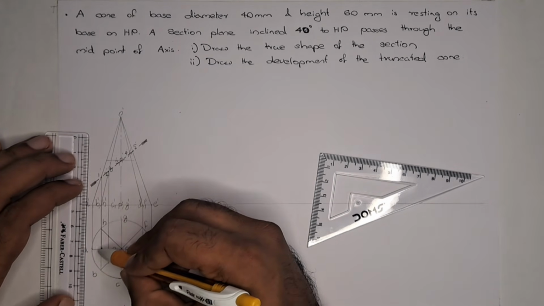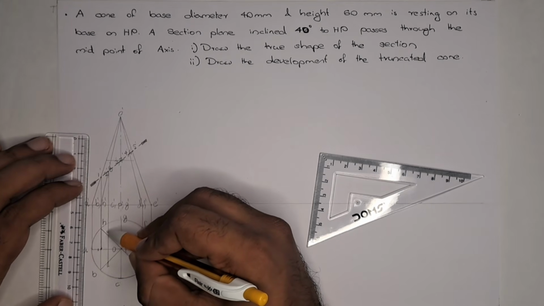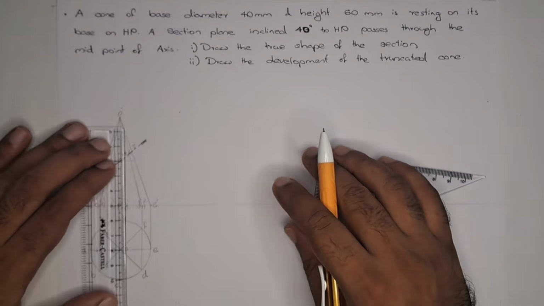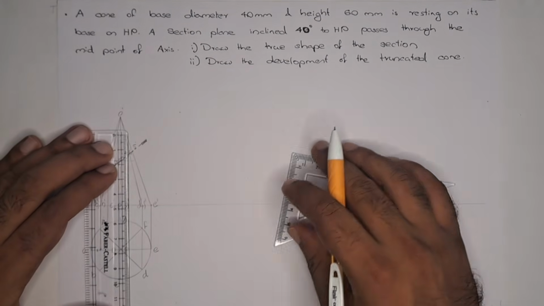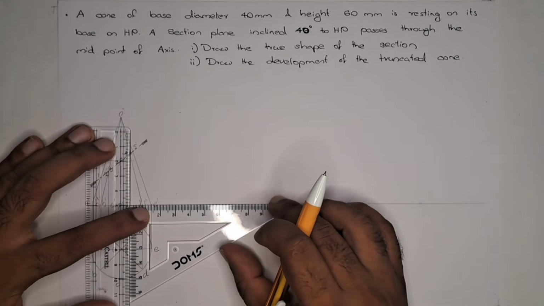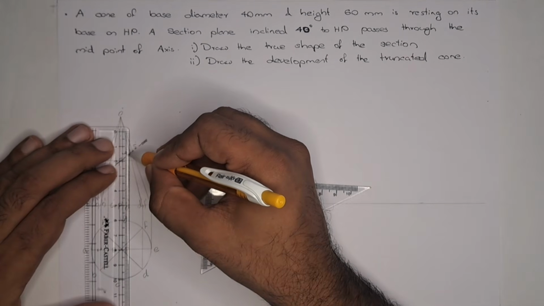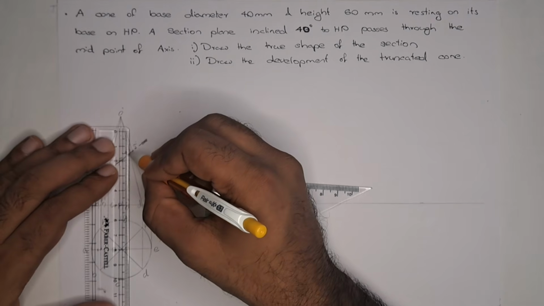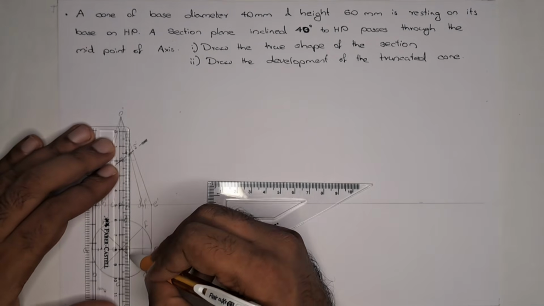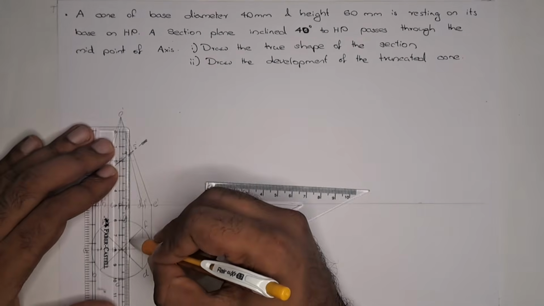So here it's 1, here it's 2 and 8. 4 to OD and 6 to OF.